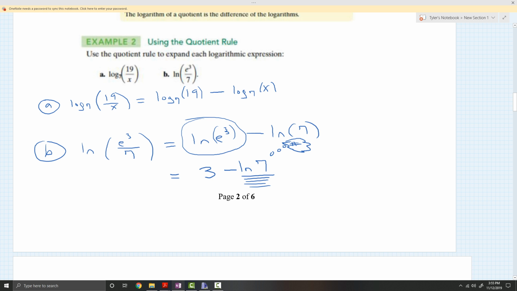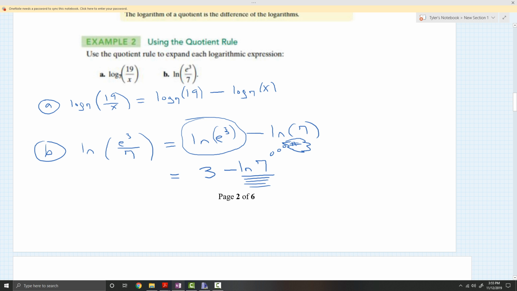That's going to be helpful when we solve exponential and logarithmic equations, just to remember that. That way, when we're solving the equation, we can add, subtract, multiply, divide by natural log of something, because it's just a number. It's most likely an irrational number, but it's going to be a number.